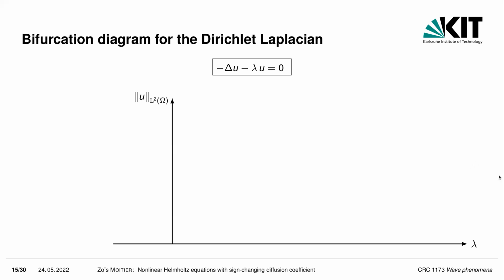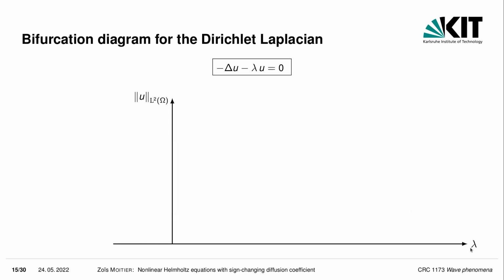It's simple. And so the bifurcation diagram is basically a visual representation of the set of solutions. However, the set of solutions lives in R times H10. So it's too big. So for visualization purposes, we will project this set of solutions into this bifurcation diagram.